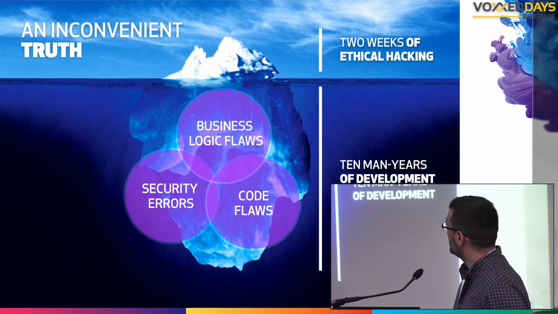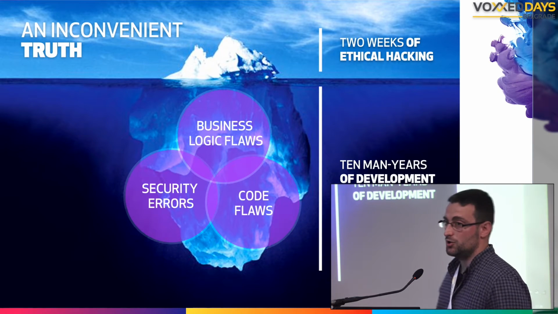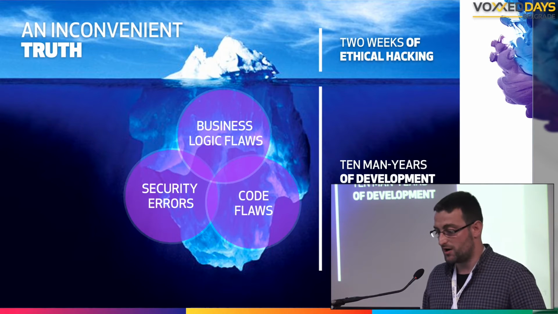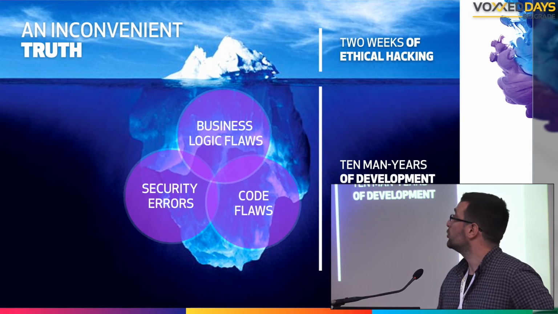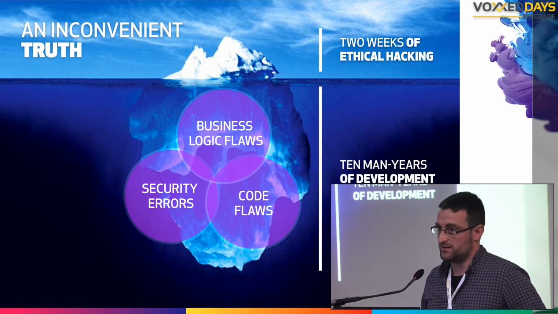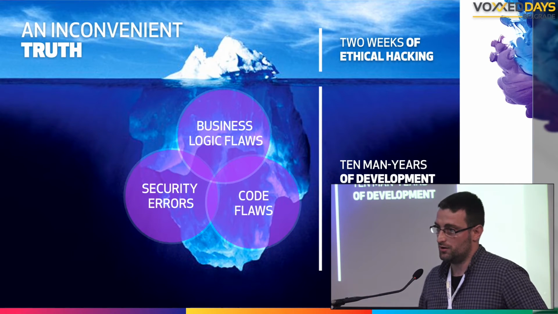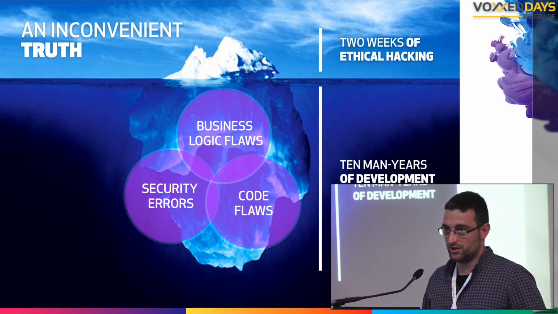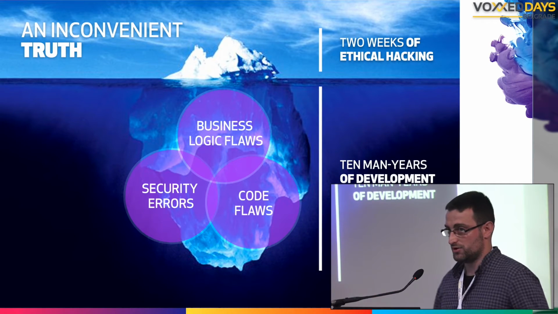There are almost 10 man-years of development to build a project, and then there are just 2 or 3 weeks at most that our team gets to do the testing. There's a lot of testing to be done, and if you want to put your signature on something and call it a secure application, you only get 2 weeks for a very huge project.